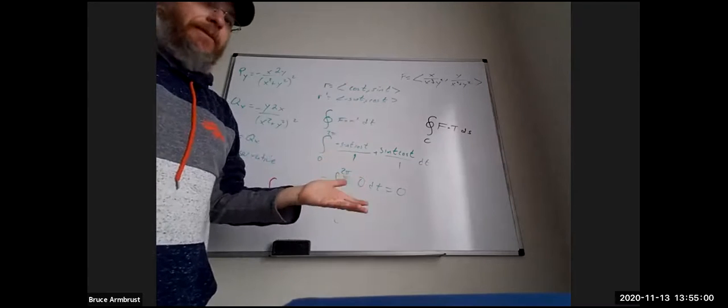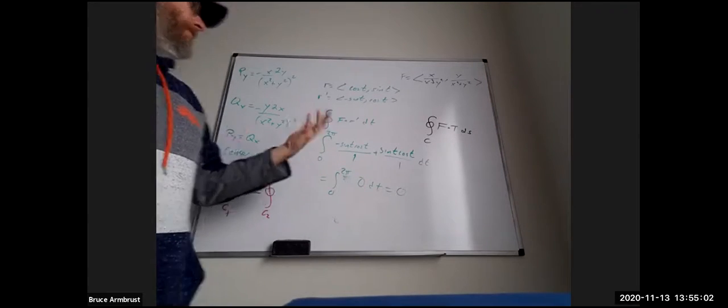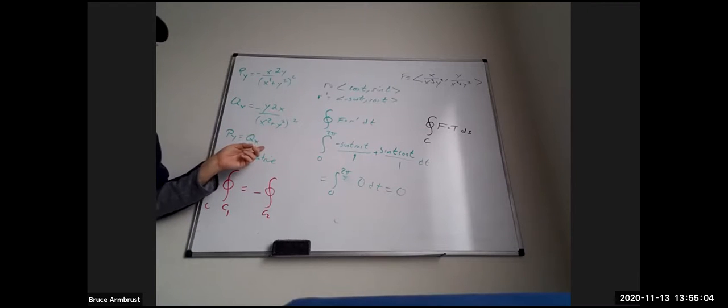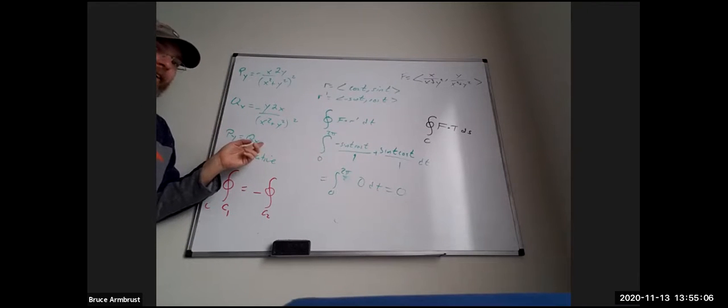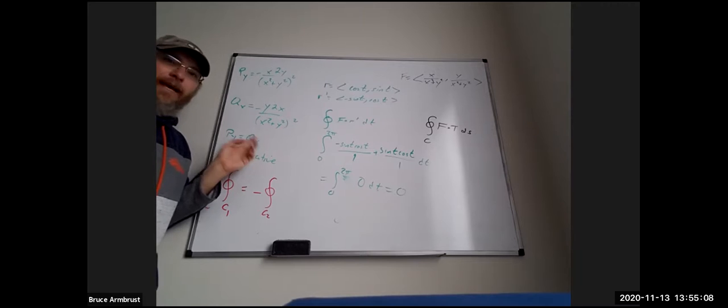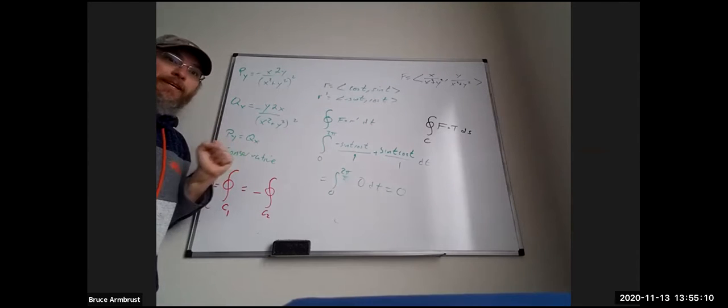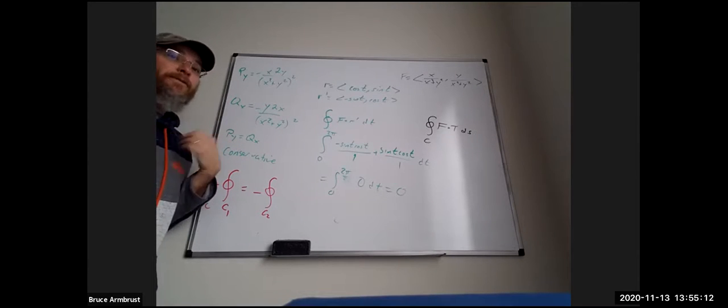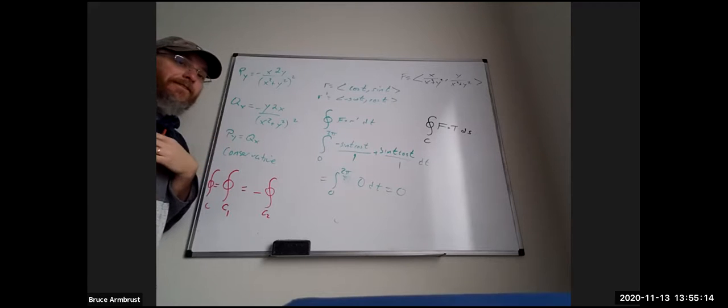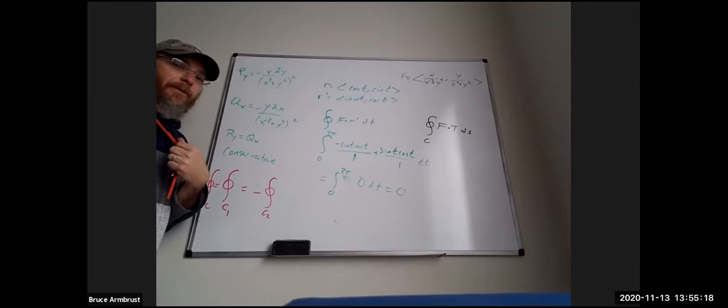But if it was some other thing, it's way faster to go, oh, hey, look, it's 0, right? Py is equal to Qx, boom, you're done. So that's why I always do that first. Because if it's conservative, I'm done. If it's not conservative, well, I've got the partials I need to subtract for Green's theorem anyway.